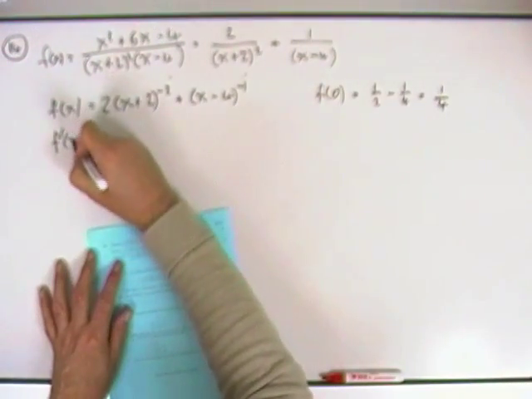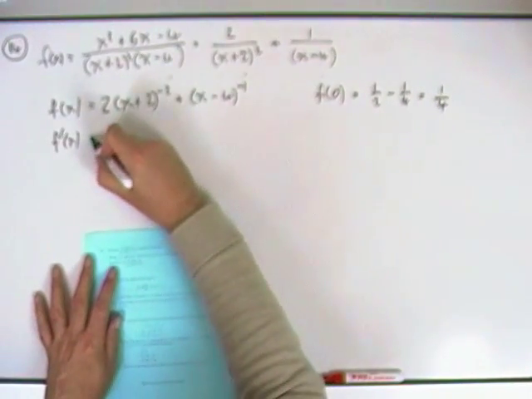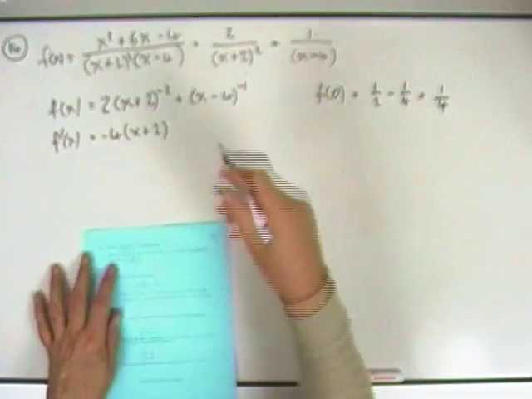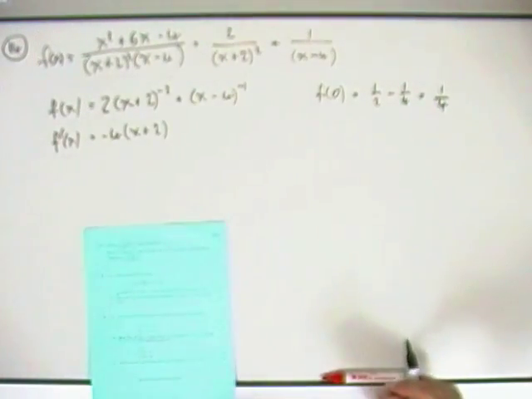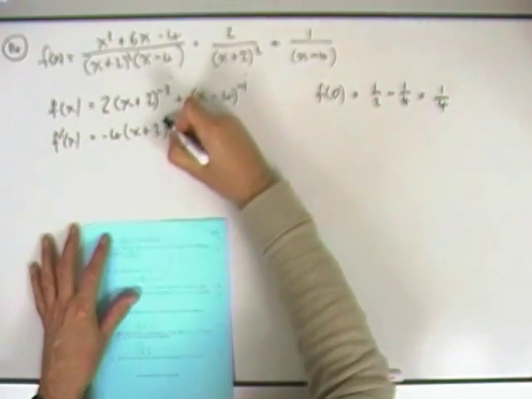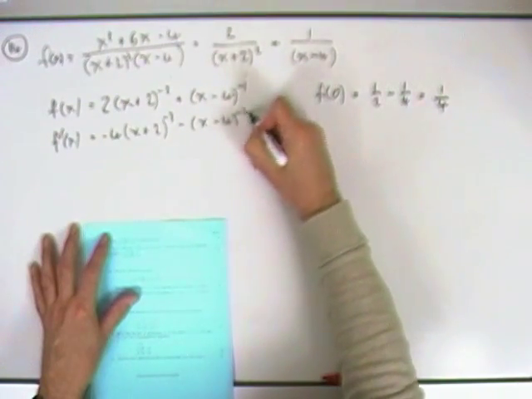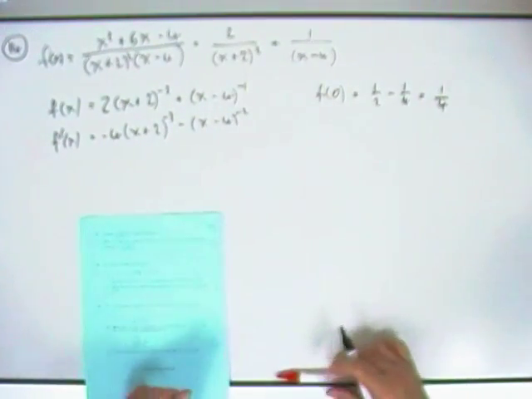Differentiate it, first derivative, so it's multiplied by the power, so it's negative 4 times, and luckily in both of them the inner function's just got a derivative of 1, and then take 1 off the power, negative 3, multiply by the power, take 1 off the power, inner derivatives are just 1.